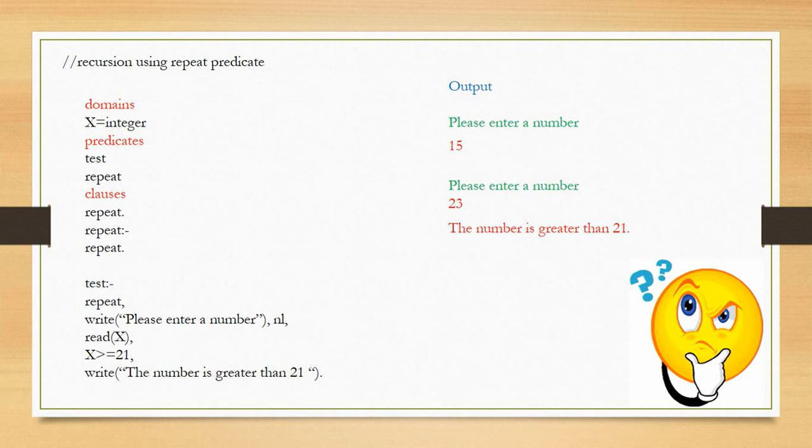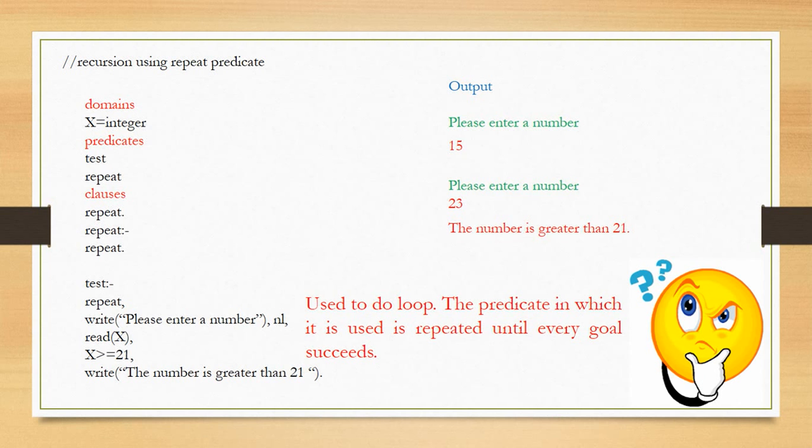You may have another question: what is the usage of this repeat predicate then? The repeat predicate is used to do a loop. The predicate in which it is used is repeated until every goal succeeds. Here the predicate is the test predicate, and in that test predicate we are using the repeat predicate, which will execute until we get success.